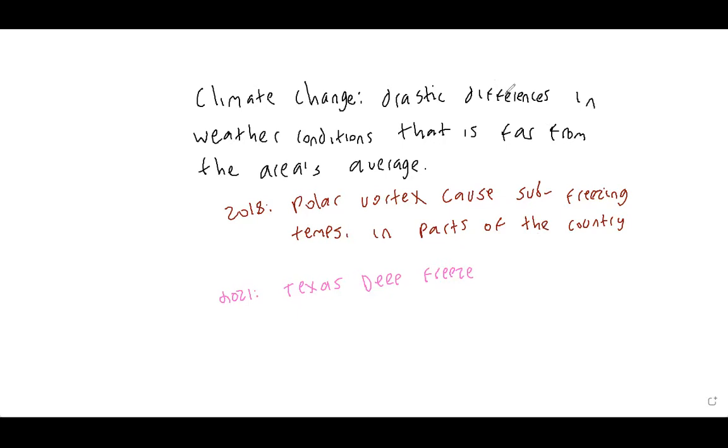Now, there's something called greenhouse gases, and it's important that we talk about those. Greenhouse gases are a layer of gases in the troposphere. I don't know how much we'll be talking about it this year, but there are different layers of the atmosphere.